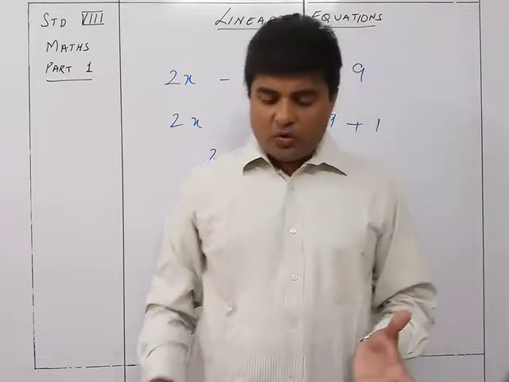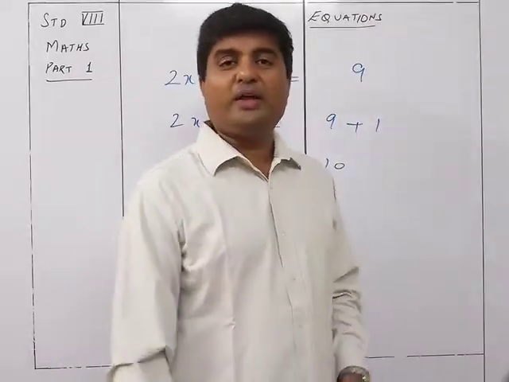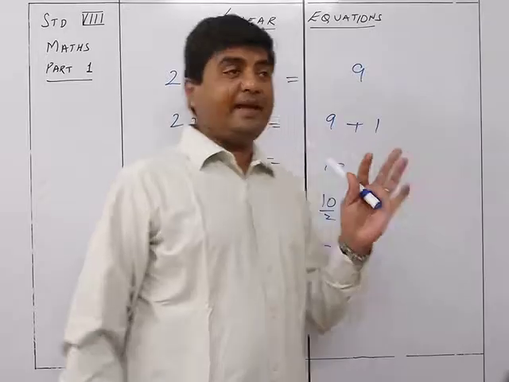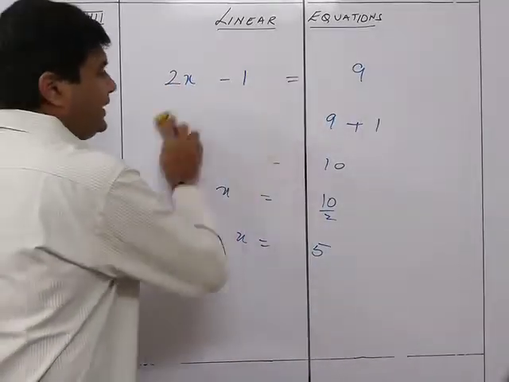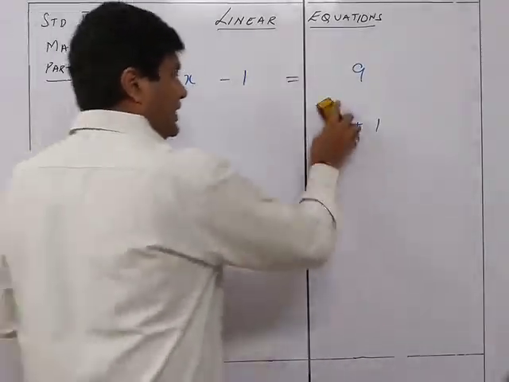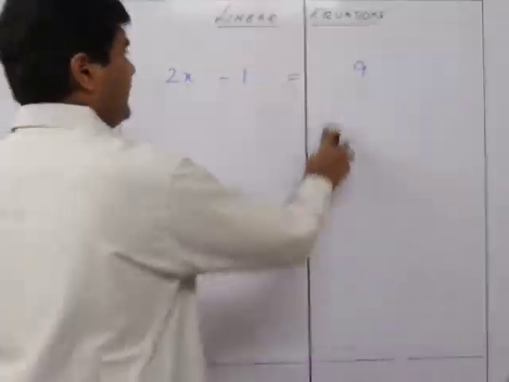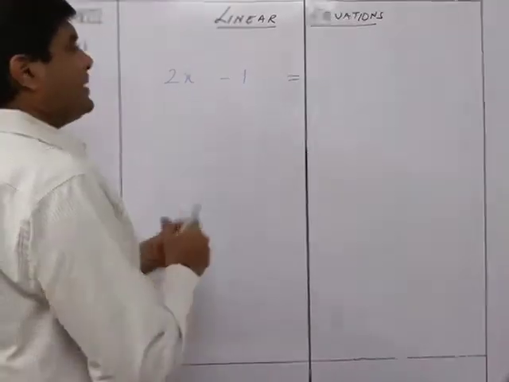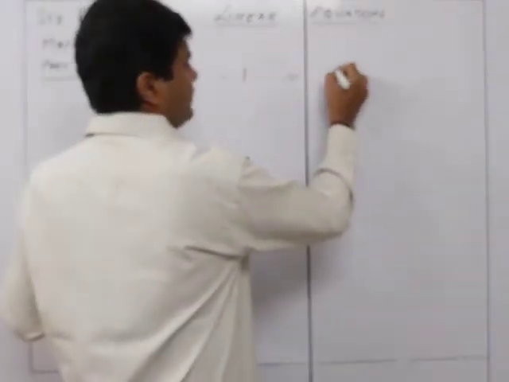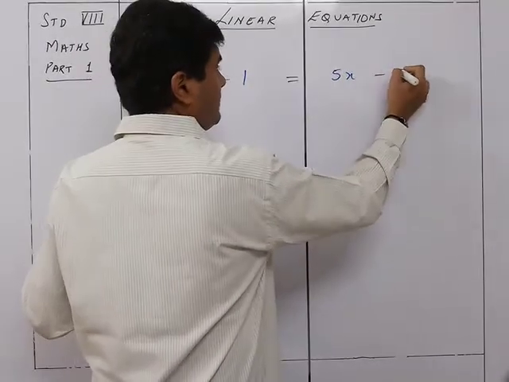Now of course it's not going to happen that every time you are going to have an equation which will have only one x in the whole thing. For example, the x may be more than 1. Like for example, if we have over here 2x minus 1 is equal to 5x minus 9.